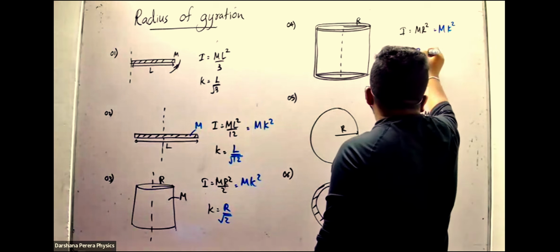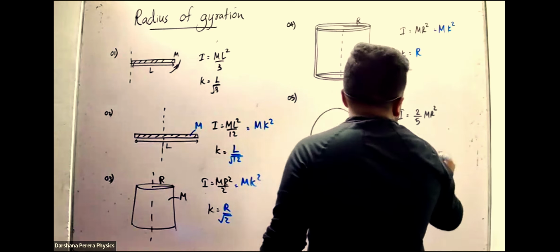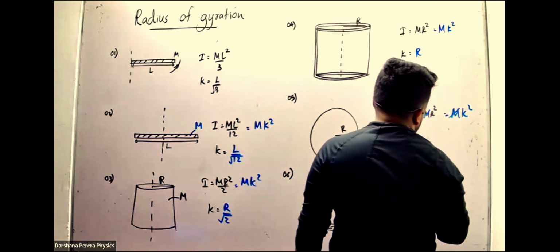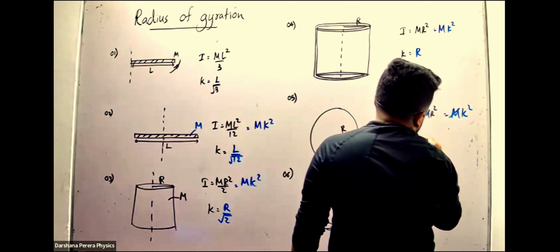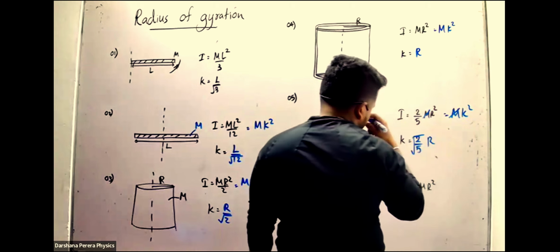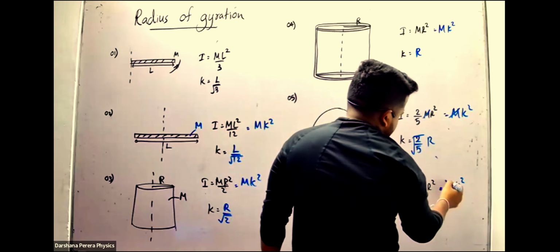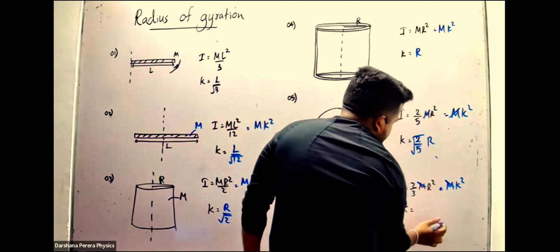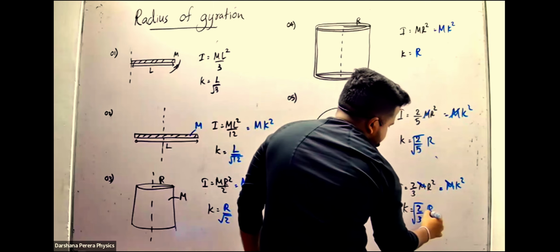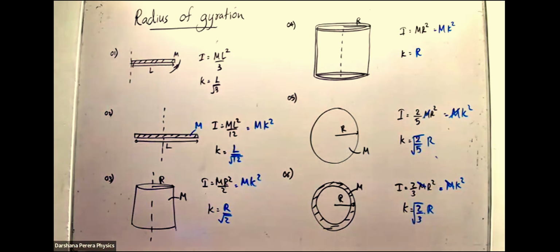We can take the K as R. Then this one equals M K square, divided, K is root of 2 over 5 R. This also M K square, divided, therefore root of 2 over 3 R. Okay, these are the values. Write down.